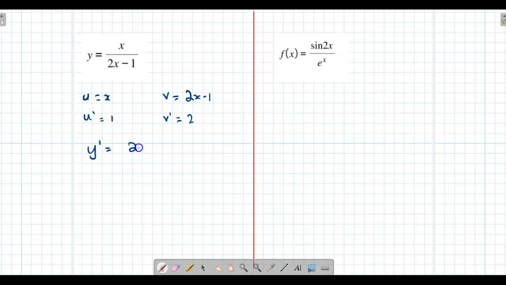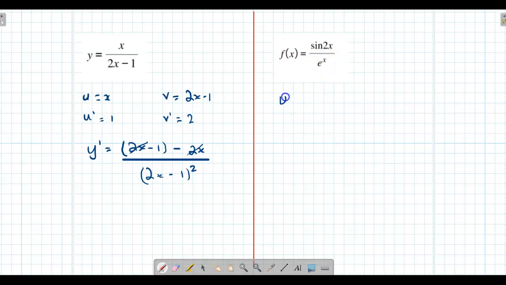So I have 2x minus 1, take away 2x, and all of that has to be divided by 2x minus 1 squared. And we can see here that I can actually cancel those out to leave me with minus 1 over that.